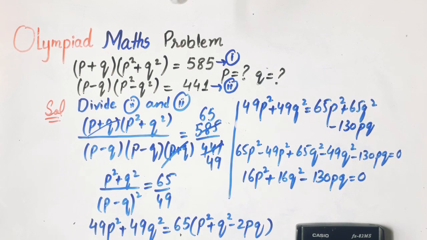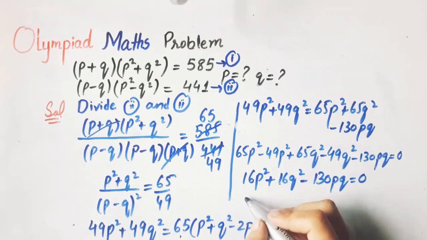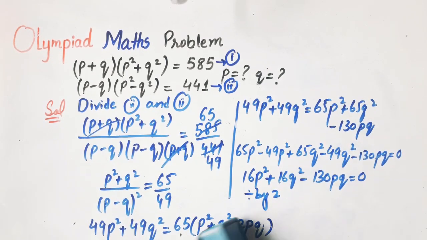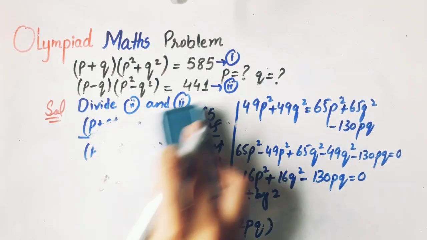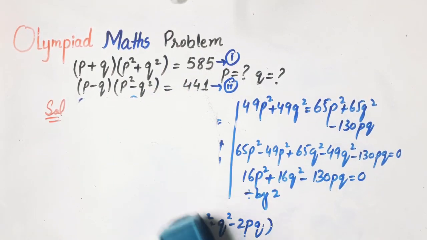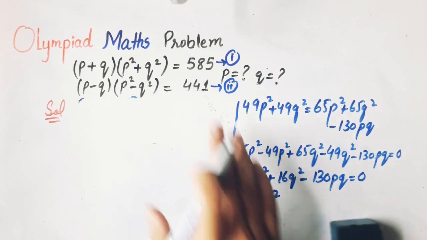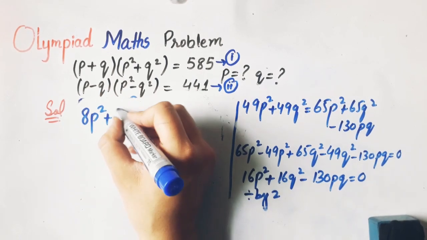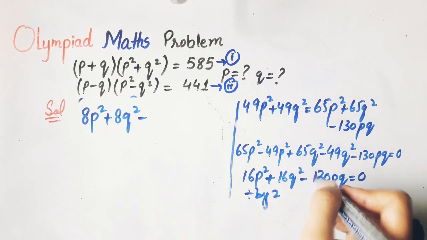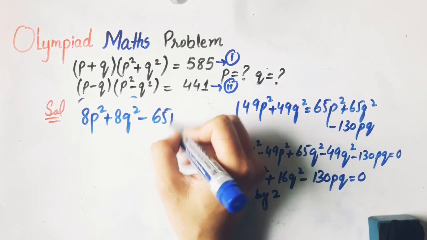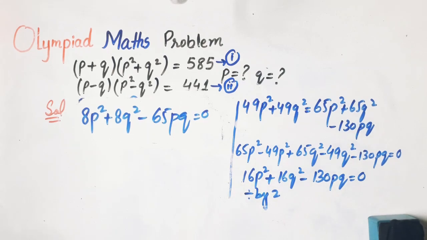Dividing by 2, we get 8p² plus 8q² minus 65pq equals 0.